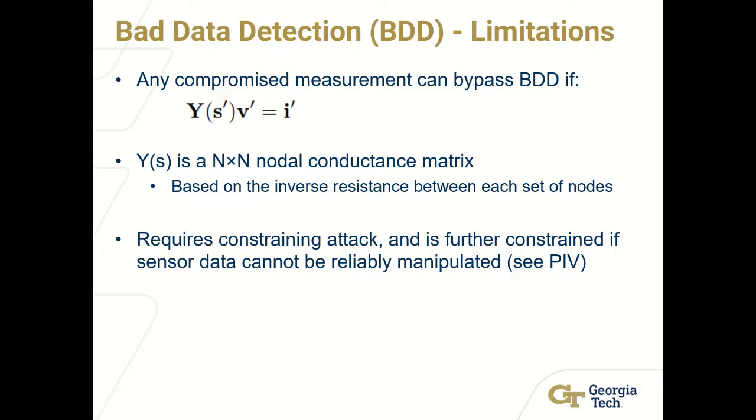One limitation of BDD is that it can be bypassed if an attacker is willing to compromise on the extent of the attack and constrain it. Given this equation here, Y of S is an N by N nodal conductance matrix, which is based on the inverse resistance, or conductance, between each set of nodes in the system.